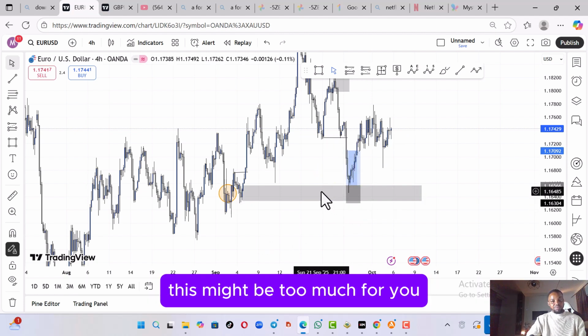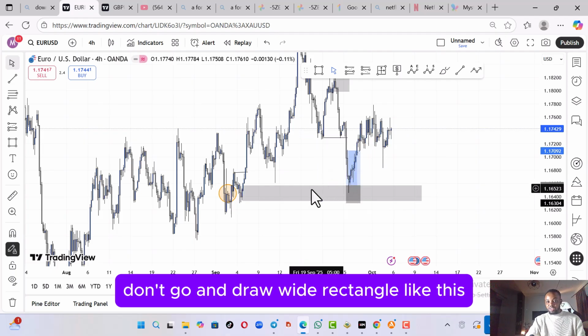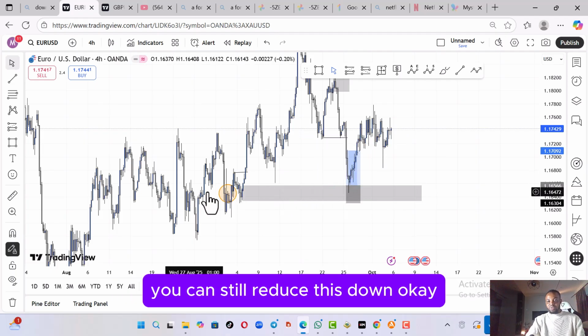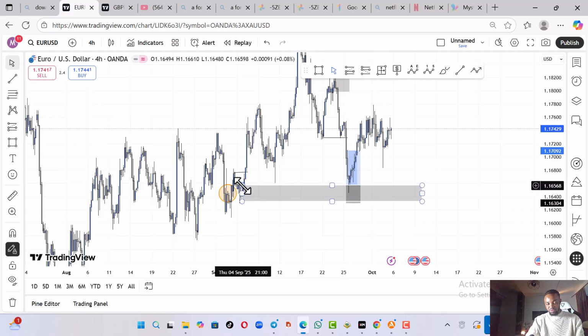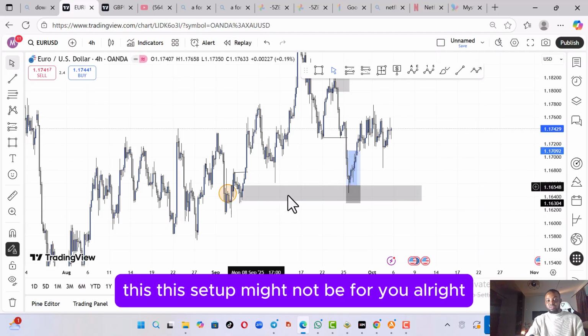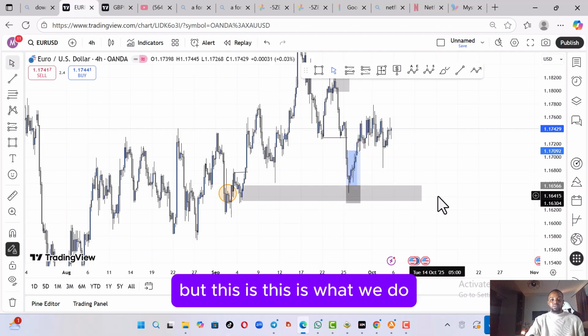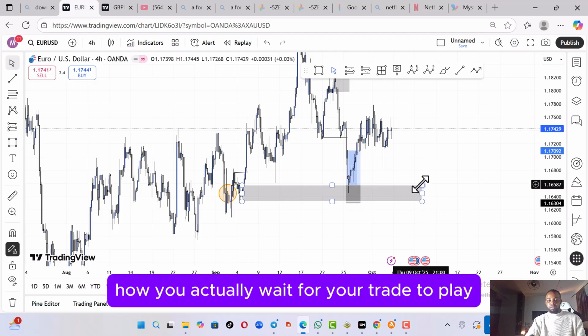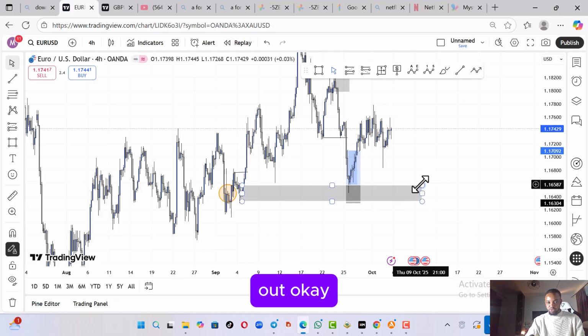This might be too much for you. Don't go and draw a wide rectangle like this, because I drew a wide rectangle. You can still reduce this down. If you are using a small account, this setup might not be for you, right? But this is what we do. This is how you wait for your trade to play out.